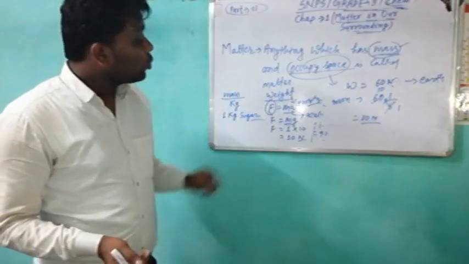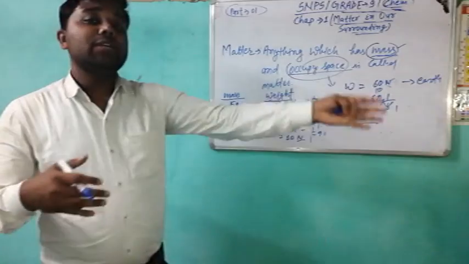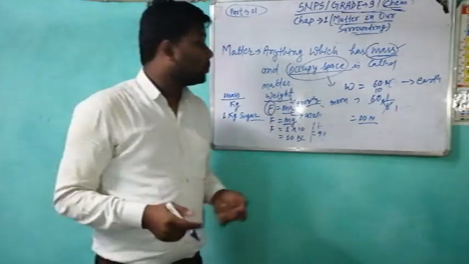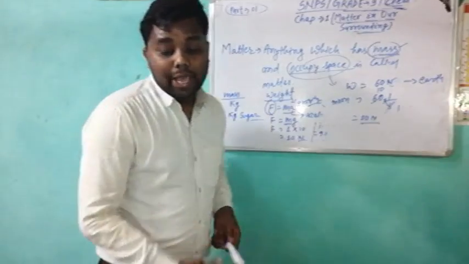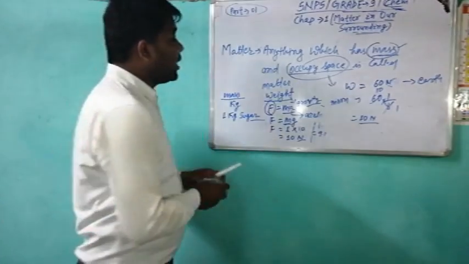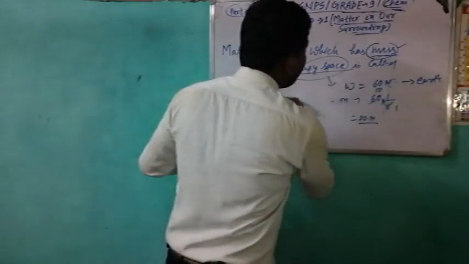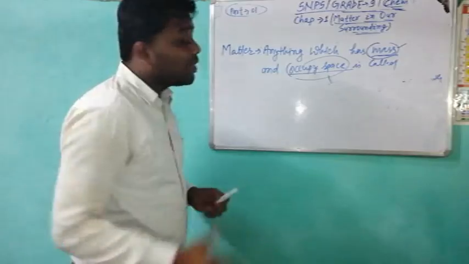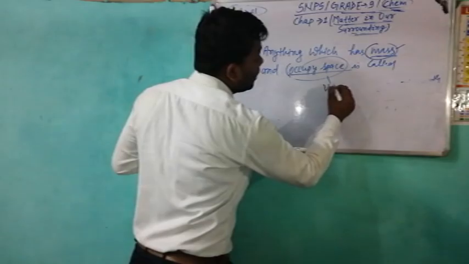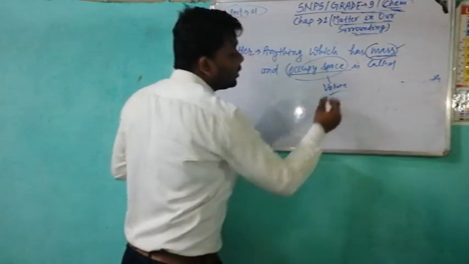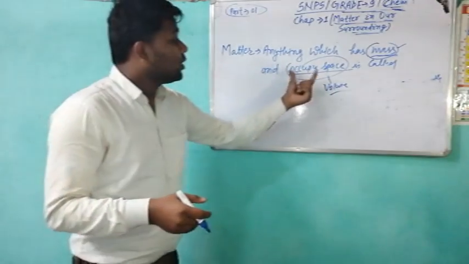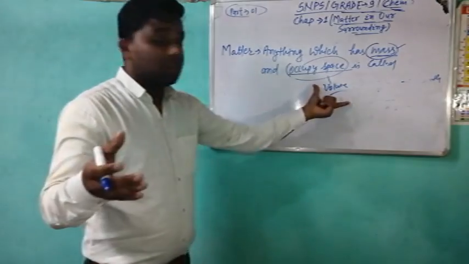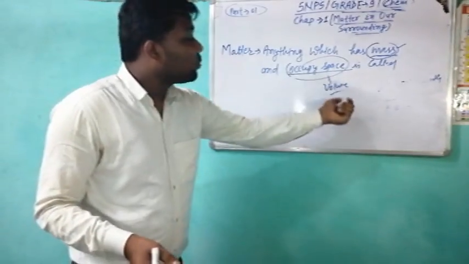So this is mass, weight, and weight on different planets and satellites; the moon is a satellite, as we also know. The next point is occupying space. Occupying space means volume.